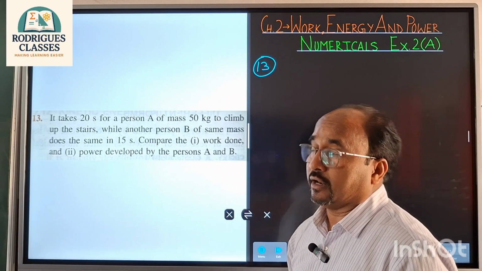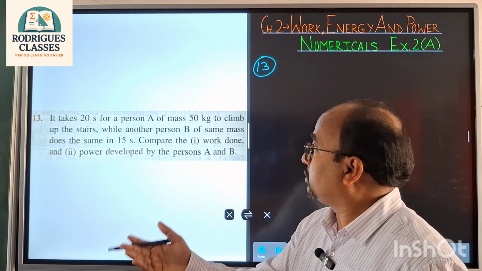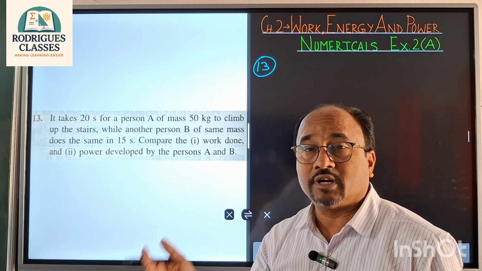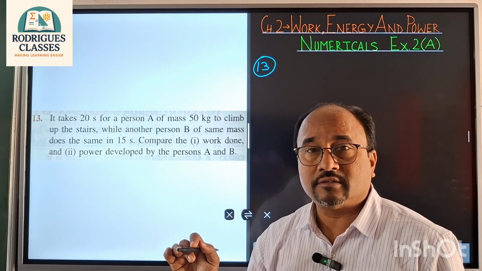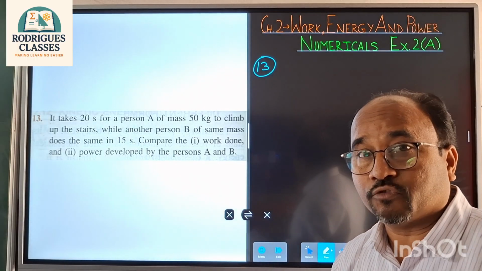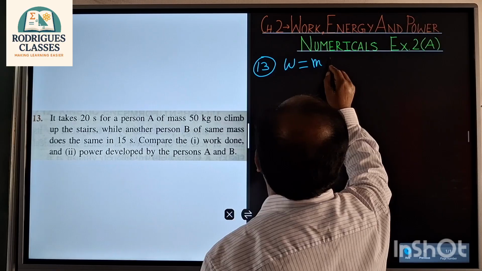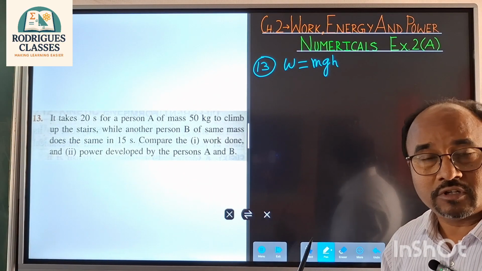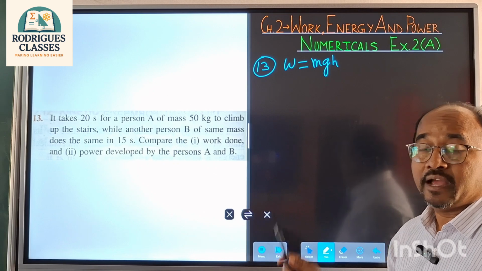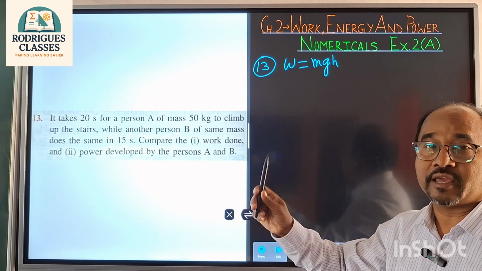Okay, so the work done part over here. You see, he is climbing up, so work done due to the force of gravity will be there. Work done due to the force of gravity is mgh, so I will write here mgh. Now take a look: m is the same for both, g is the same, and the height is the same because they are climbing up to the same place.